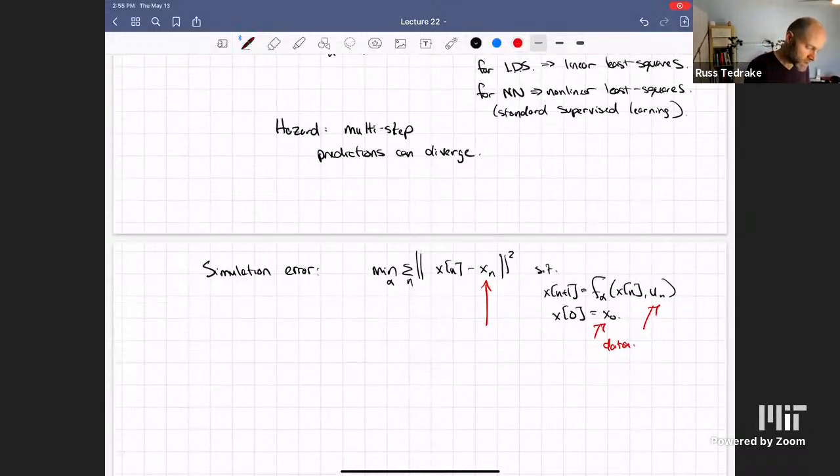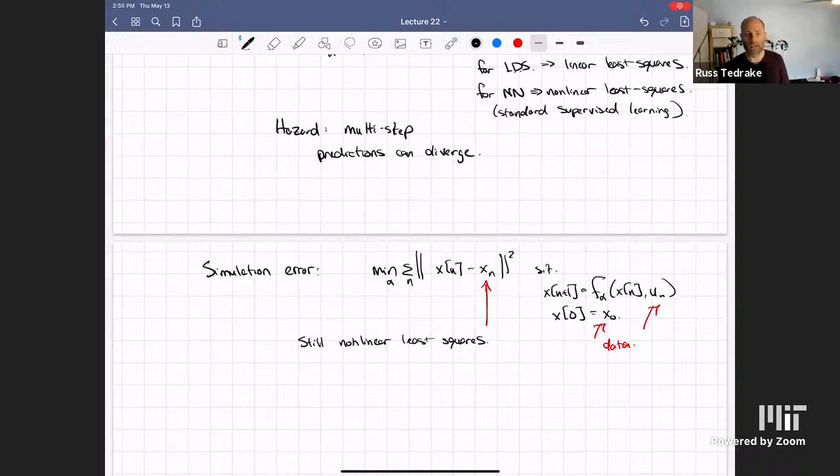Okay, so this is still just a nonlinear least squares problem, but it's slightly different than the cookbook supervised learning problem, because there's this extra structure of having the same function looped over and over again, right?